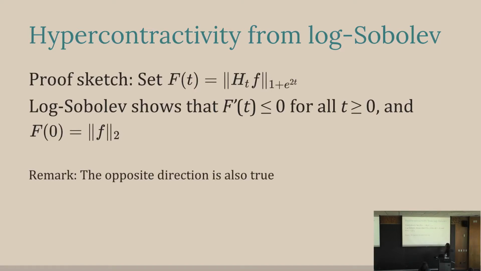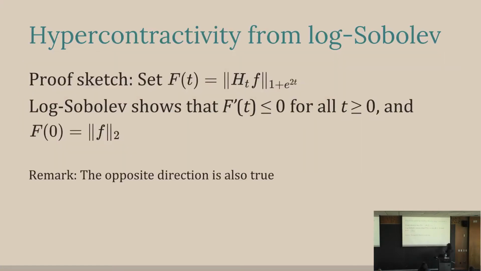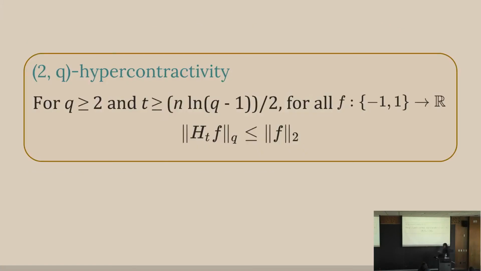It's also true that you can do the opposite: you can integrate the equation to get the opposite implication. So this f prime being negative tells us more than just the 4 norm being bounded by the 2 norm. It also says that for any P norm, any Q norm here, it's going to be bounded by the 2 norm if you take T to be at least n times the constant.